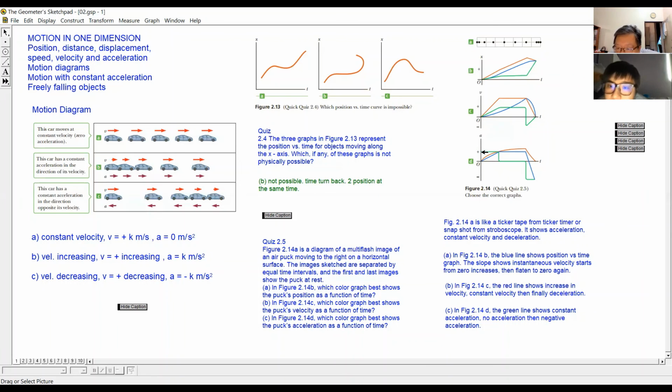The green line is positive, then goes to zero, then goes to negative again. Okay. So which line represents the acceleration? Green. Correct, it is the green line. So we stop here.